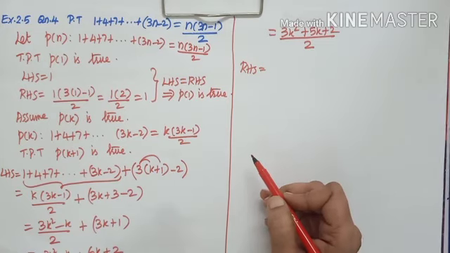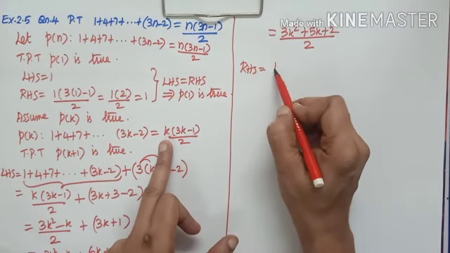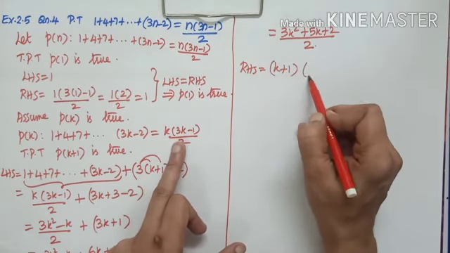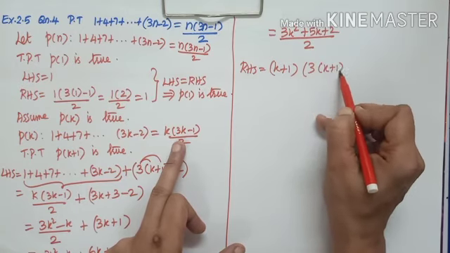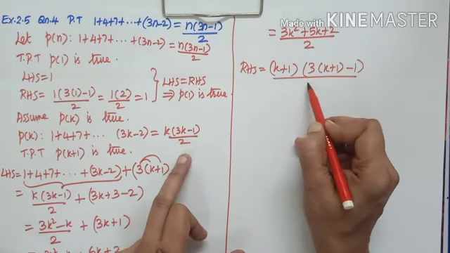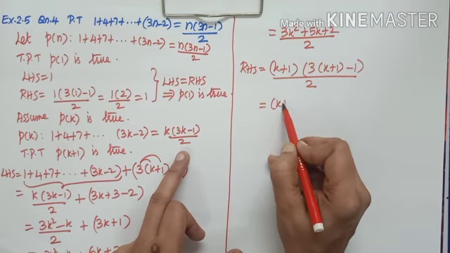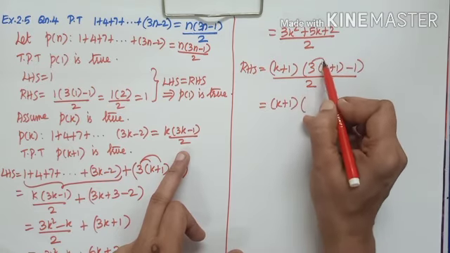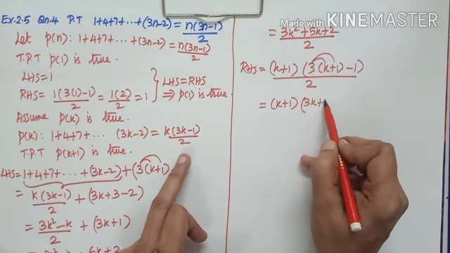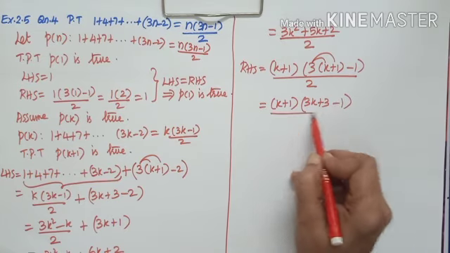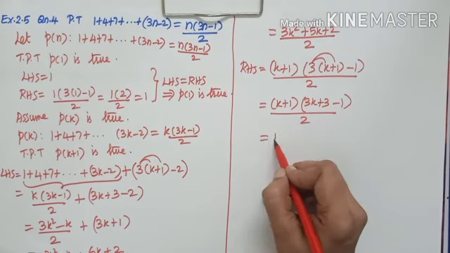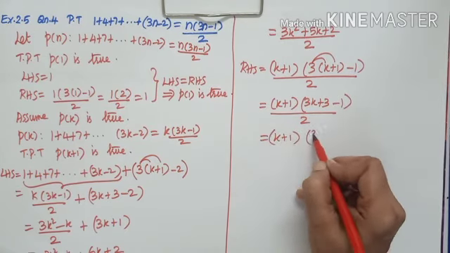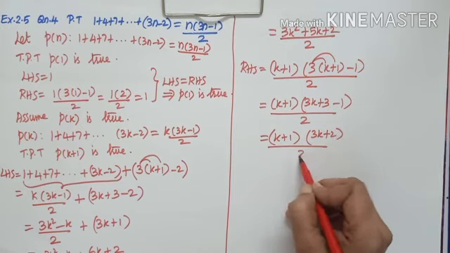What is RHS? Wherever k is coming, put k plus 1: 3 into k plus 1 minus 1 divided by 2. Or I get k plus 1 into 3k plus 3 minus 1 by 2, or k plus 1 into 3k plus 2 by 2.